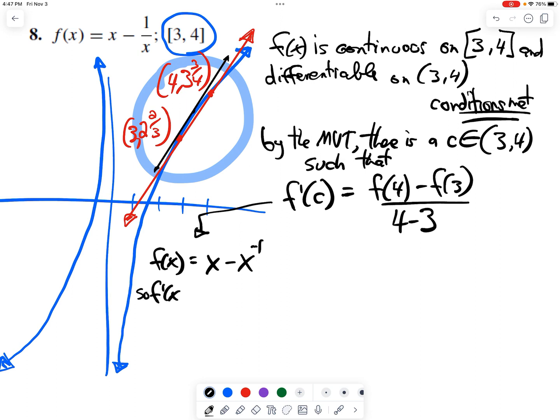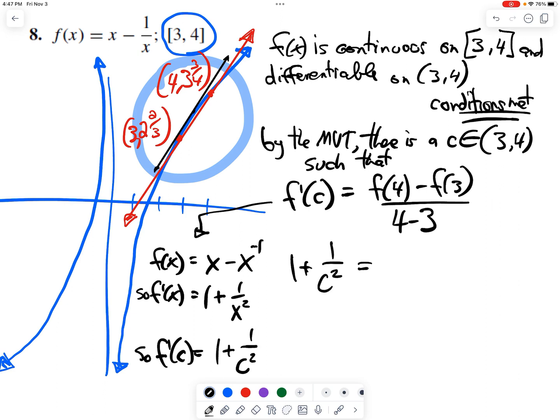So f prime of x is 1 plus x to the negative 2, 1 over x squared. So f prime of C is going to be 1 plus 1 over C squared. That's on the left. We're going to have to isolate C eventually. And on the right, f of 4 minus f of 3 over 4 minus 3.